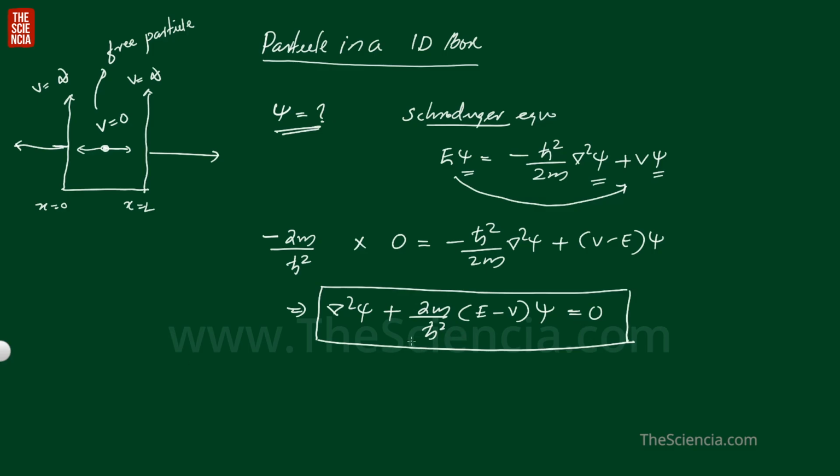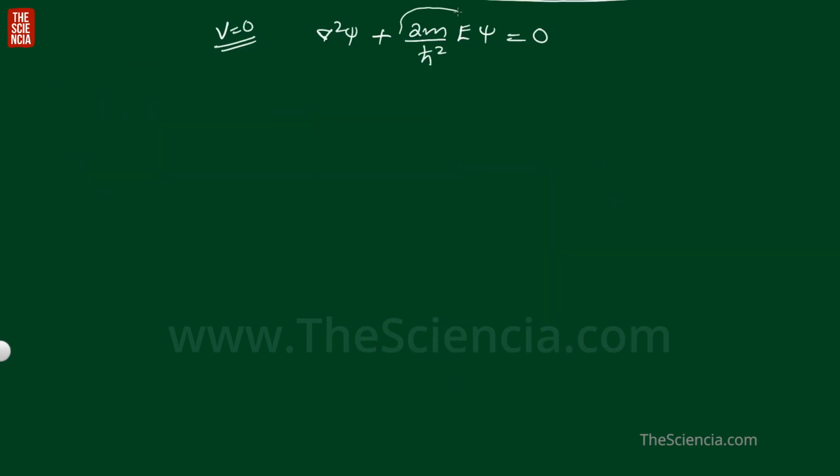Now we can substitute the condition into this equation, that is, for this free particle, potential V equal to 0. So the corresponding Schrodinger equation will be del square psi plus 2m by h square E into psi equal to 0. Here this entire term is some constant value, so I am calling it k square.